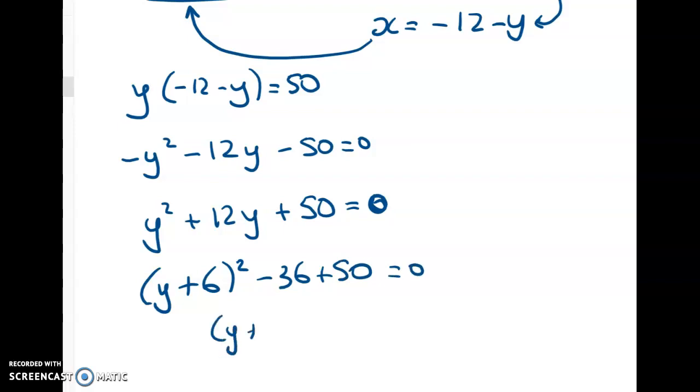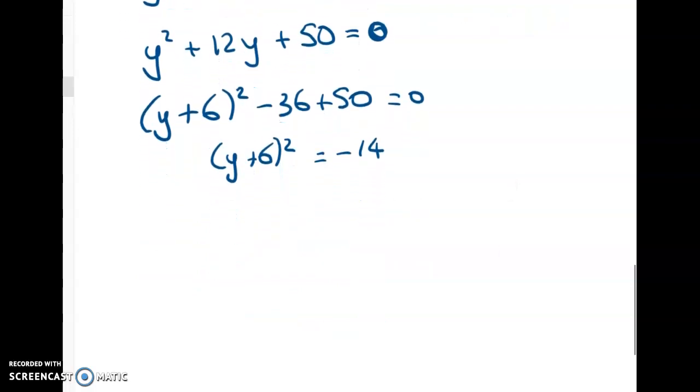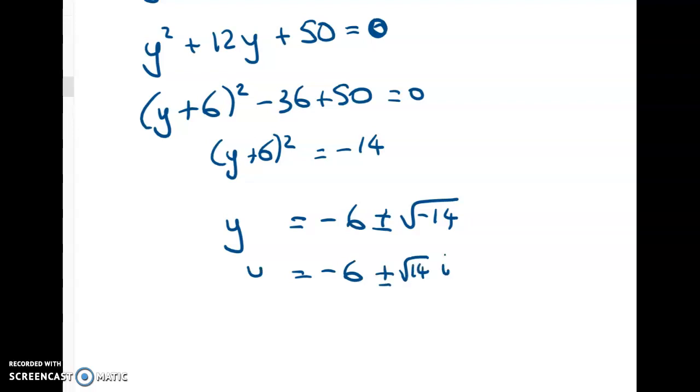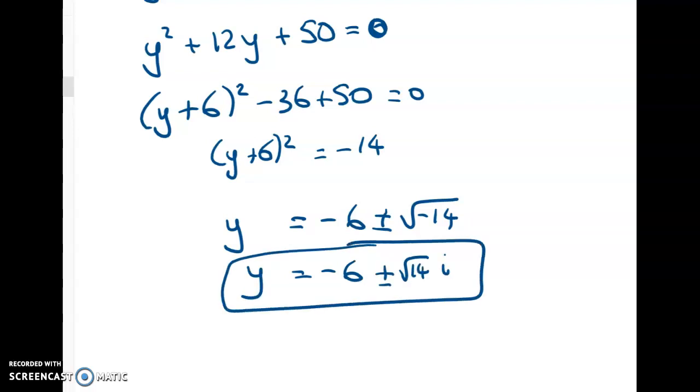So we get (y plus 6) squared is equal to negative 14. So here come my two complex solutions for y. y is going to equal negative 6 plus or minus the square root of negative 14, which is negative 6 plus or minus root 14 i. So that's y. And now I need to just get the x values for that.